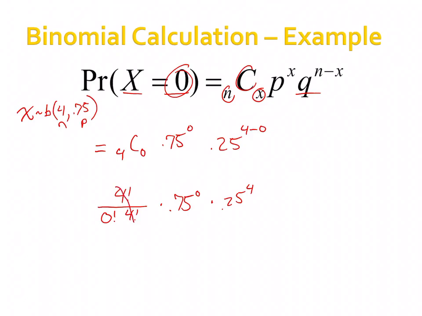When we figure out our choose function, these terms are going to cancel out. And our 0 factorial, by definition, remember, is 1, and anything to the 0 power is 1, times 0.25 to the 4th, which is 0.0039. So the binomial probability with n equal to 4 and p equal to 0.75 of getting 0 successes is 0.0039.